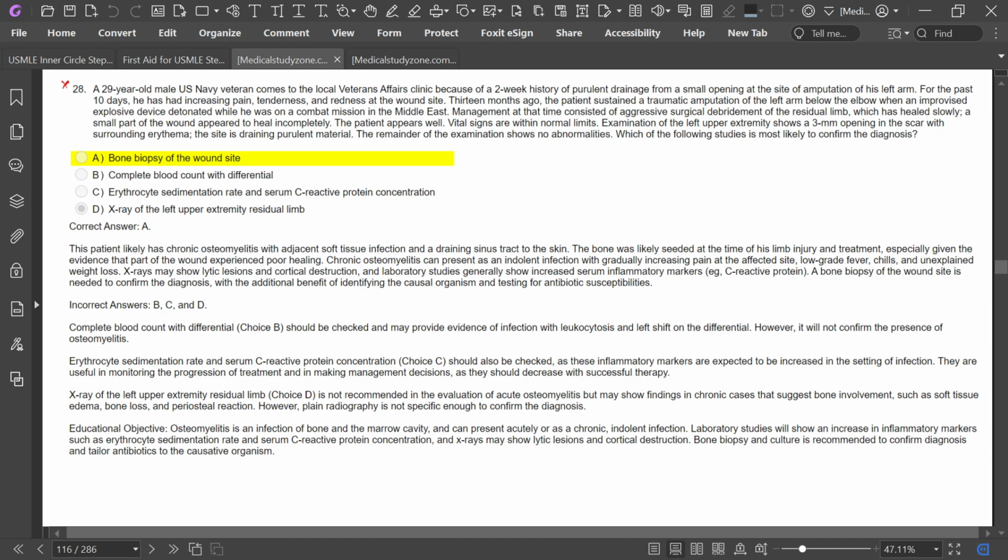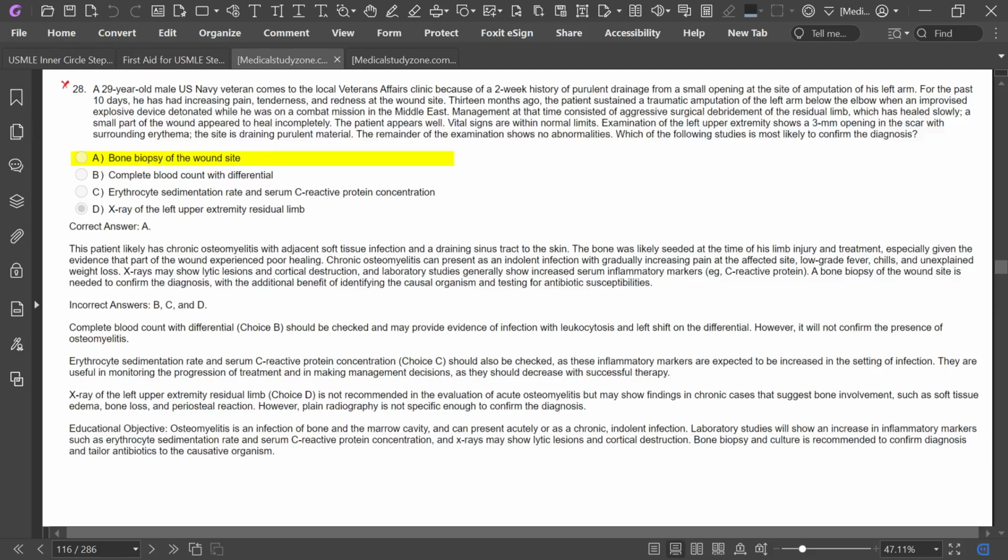C. ESR and serum CRP should be checked as these inflammatory markers are expected to be increased in the setting of infection. They are useful in monitoring the progression of treatment and in making management decisions, as they would decrease with successful therapy.